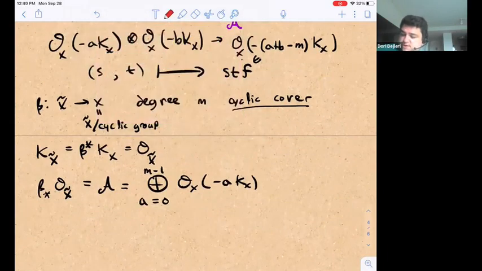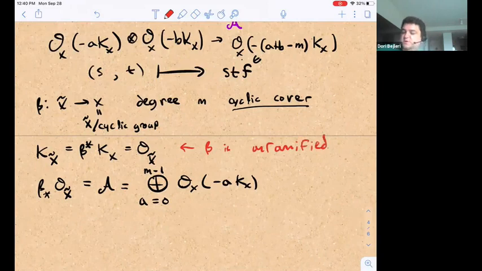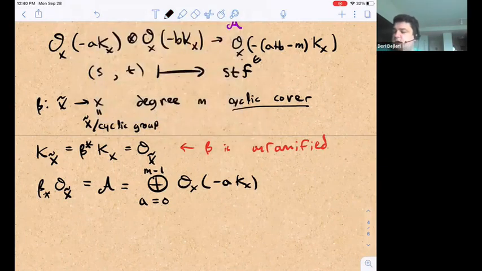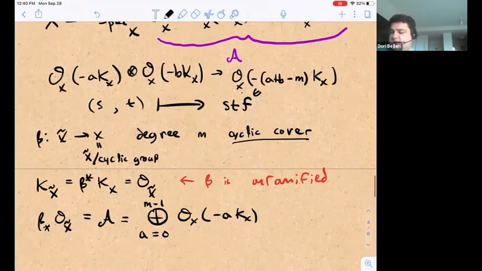This is saying that beta is unramified. More generally, we can construct ramified covers where we do a similar thing, but where our section actually has zeros, and then we'll get some ramification. And we're also going to need to do this in the case where X itself is singular, and then we'll need to control the singularities on X tilde, which a priori could be better or worse.